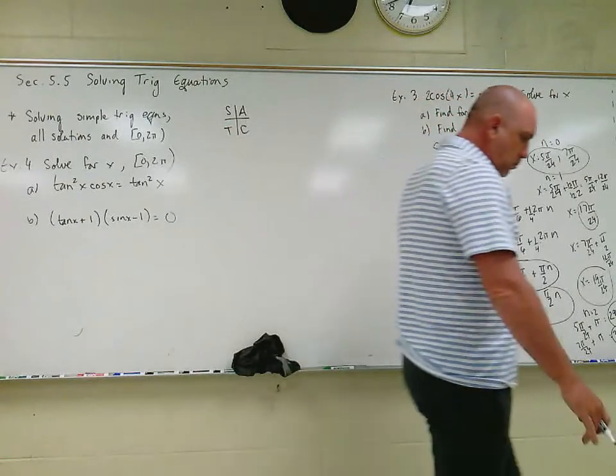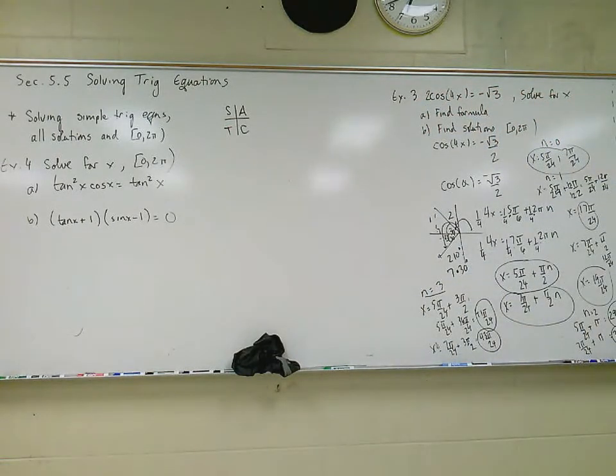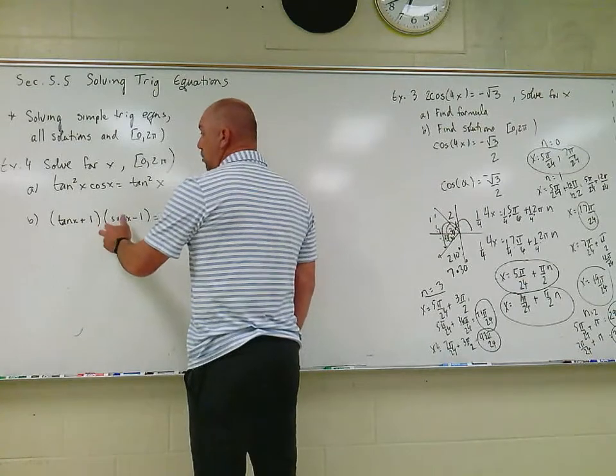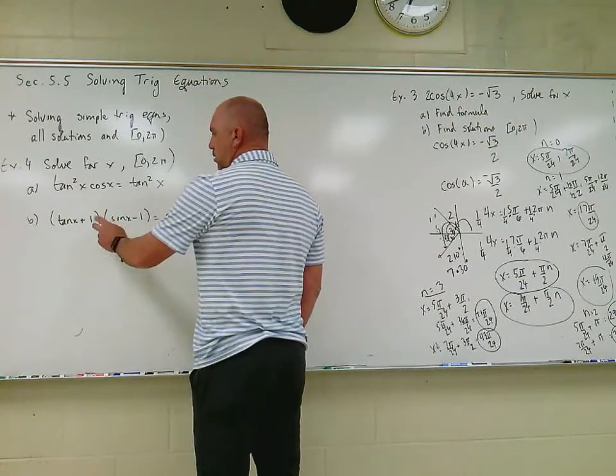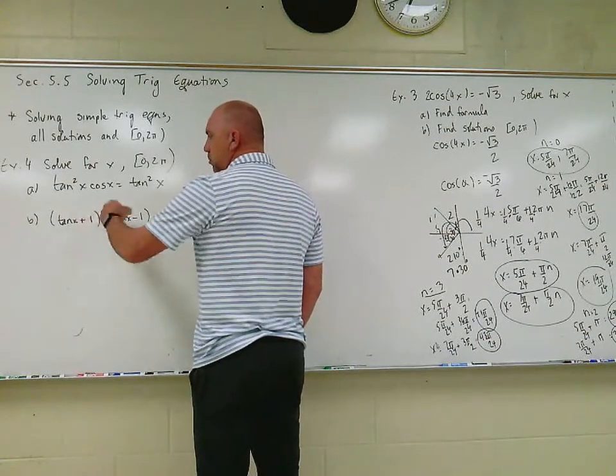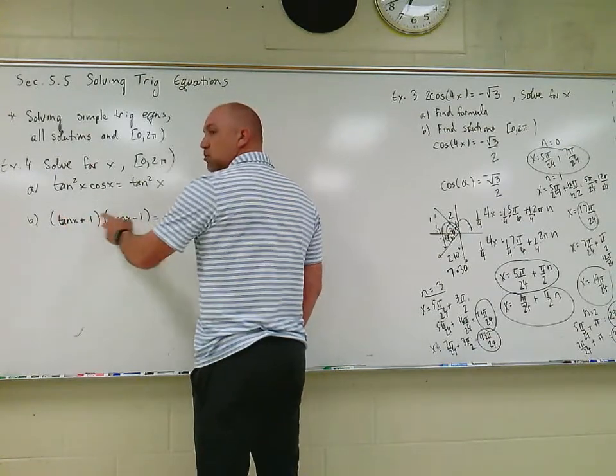When you look at this, we're going to take the same approach that we would take in polynomials. The second problem is actually really what we want. We want a multiplication and we want it equal to 0. What do you call a problem when you have two parts like this multiplied equal to 0?